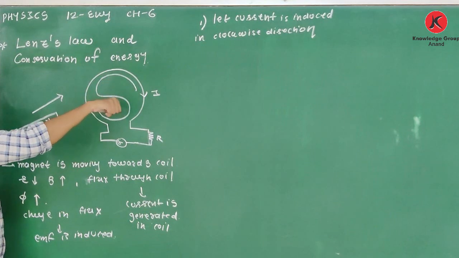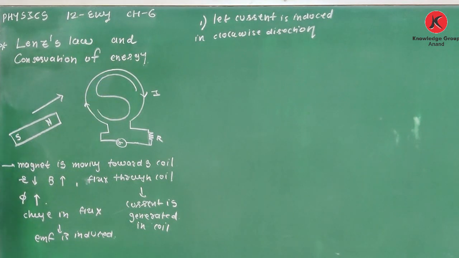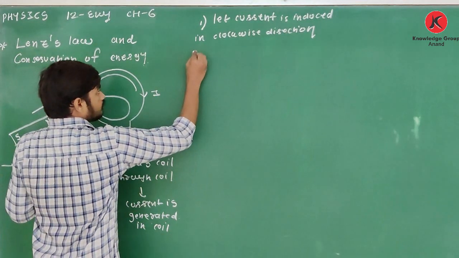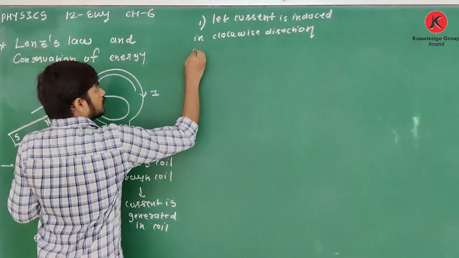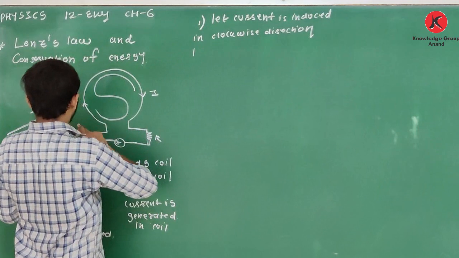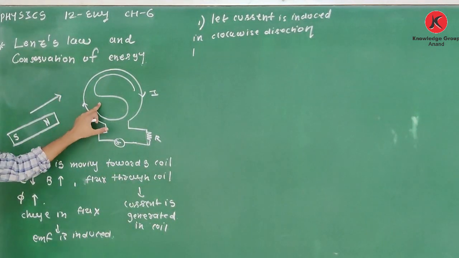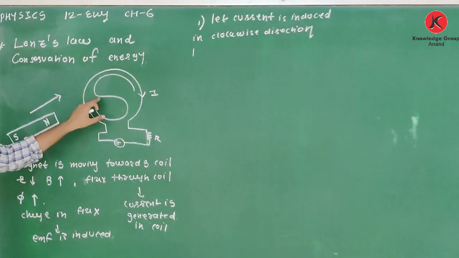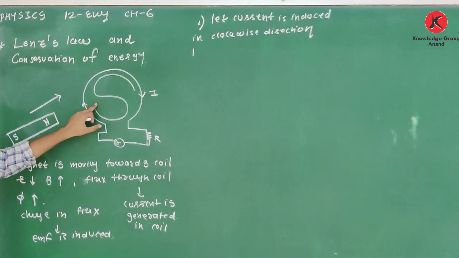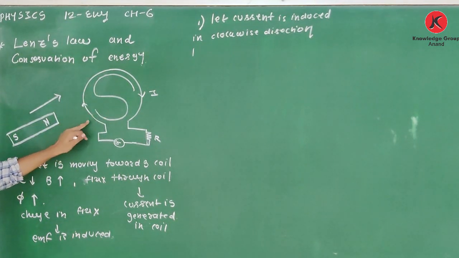Wrap your fingers, thumb will go inside. So the pole facing the magnet behaves as a south pole. As current is produced, the coil behaves as a magnet and a south pole is generated, facing this north pole.